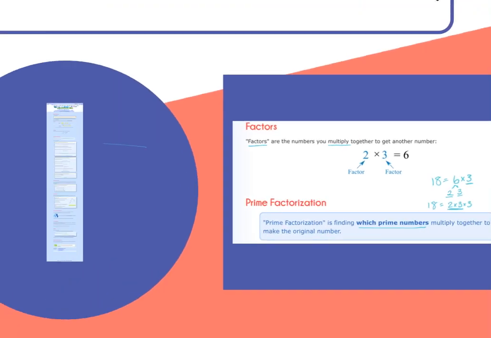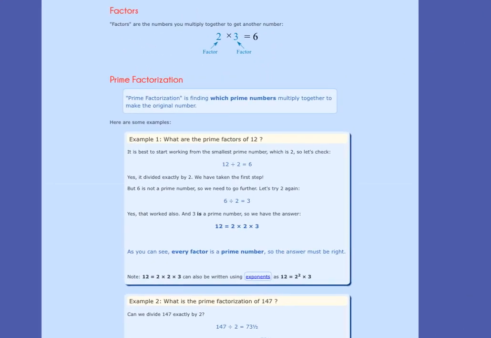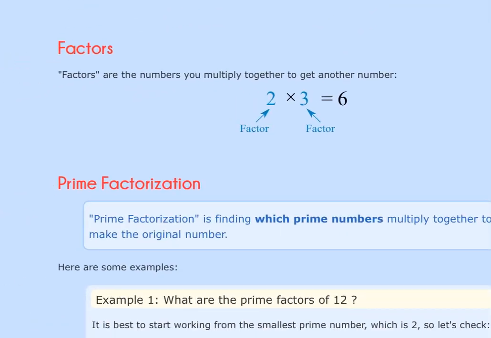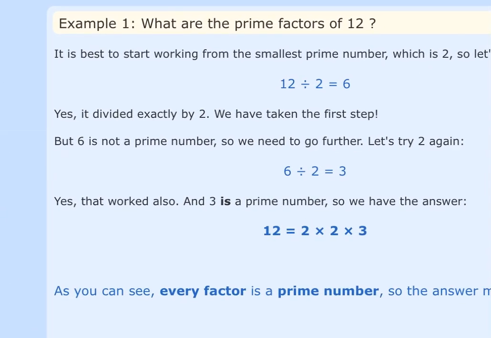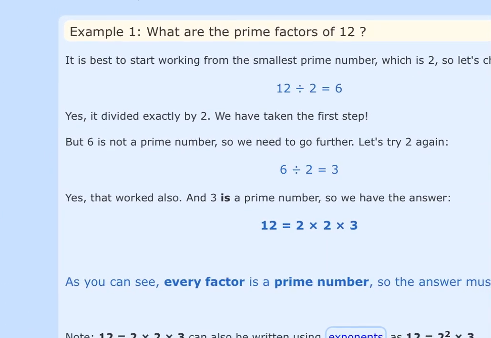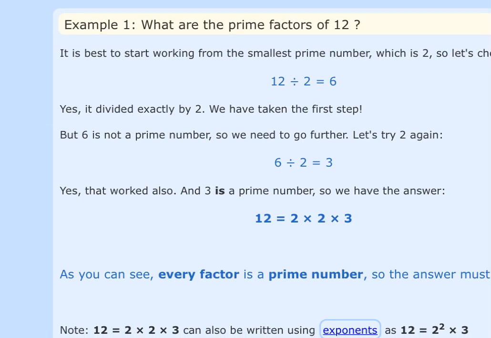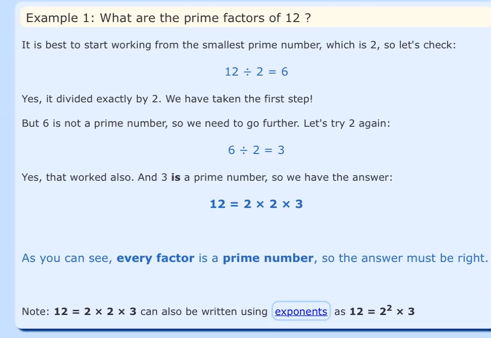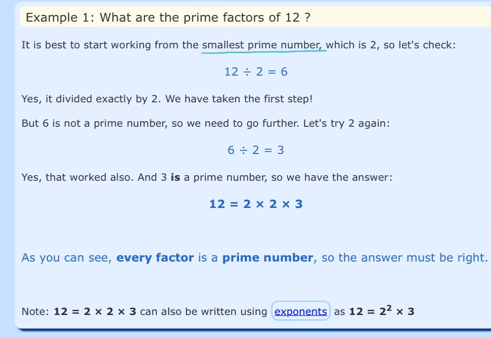Okay, and then moving on, now I want to go over just a few examples. So that was the definition. When we're working with the prime factorization of 12, we start with the smallest prime number. So you want to find the smallest prime number that is a factor of 12. In this case, we mean what number can I divide 12 by?